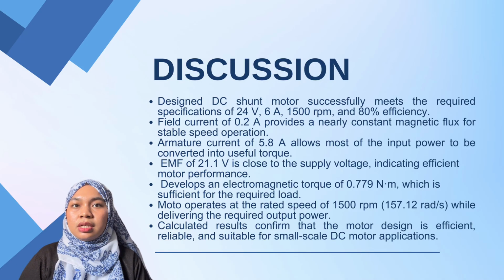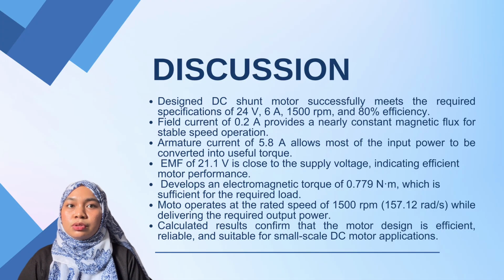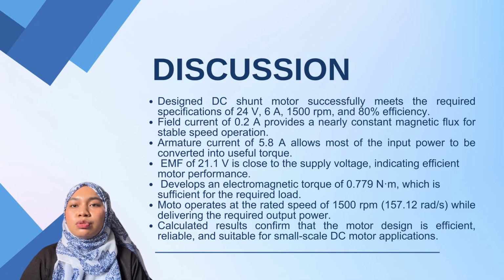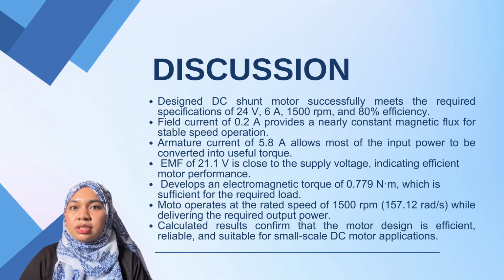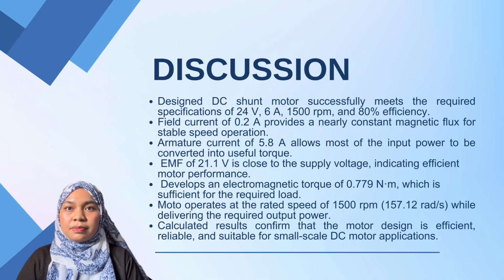The armature current of 4.8 ampere allows most of the input power to be converted into useful torque. The back EMF of 21.1 volts is close to the supply voltage, indicating efficient motor performance.